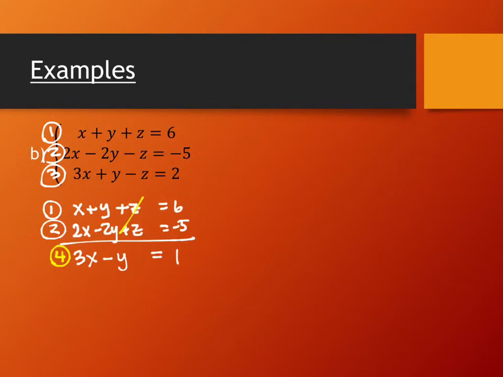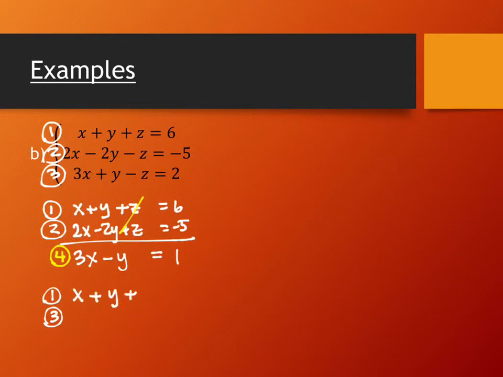Okay, I need to use equation number 3 as well now, but do you want to pick equation 1 and 3 or 2 and 3? 1 and 3? Okay, so if I pick equations 1 and 3, much like picking equations 1 and 2, I don't have to do anything to get the coefficients to cancel out, right? I can just use them as is.